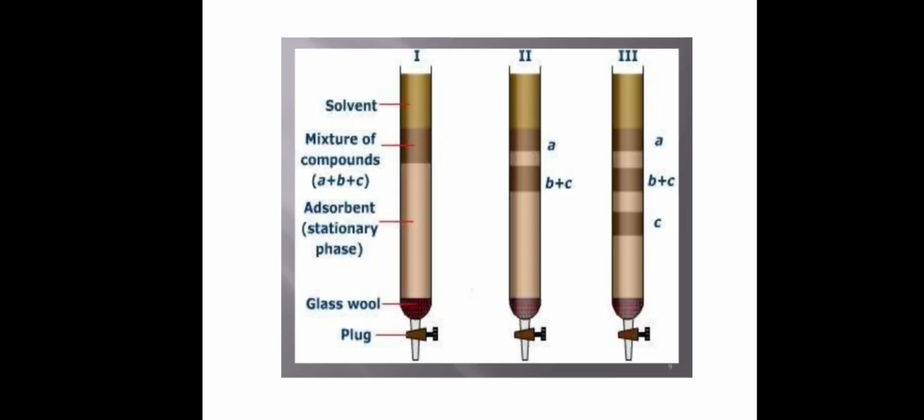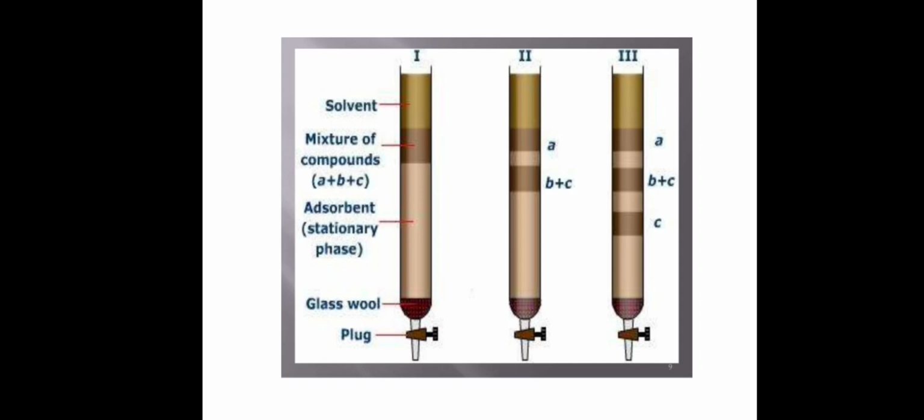Here I have shown 3 different columns. The first column is a burette-like setup containing cotton wool and the stationary phase. The stationary phase is nothing but silica gel, and our mixture of components. Here we take A plus B plus C, a mixture of 3 components.